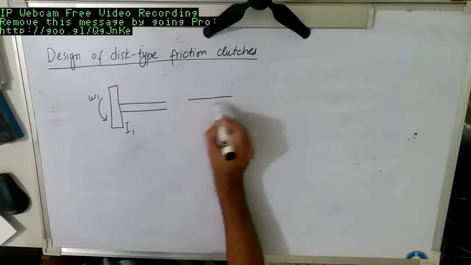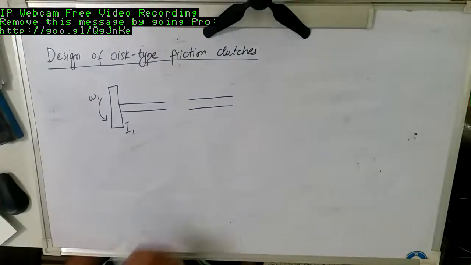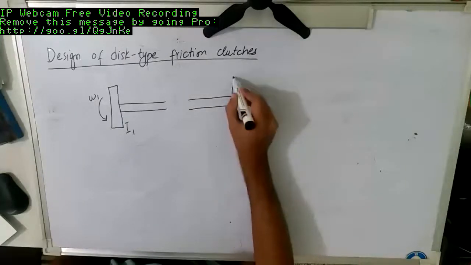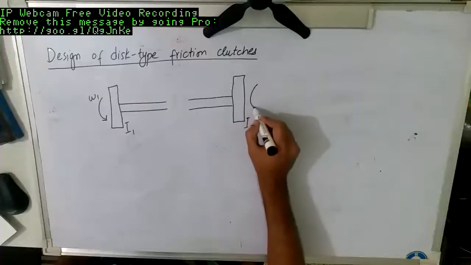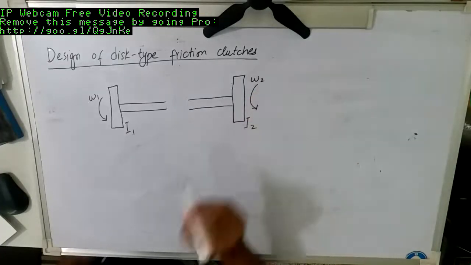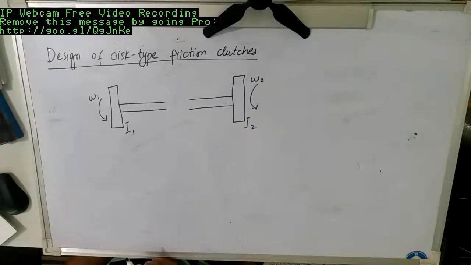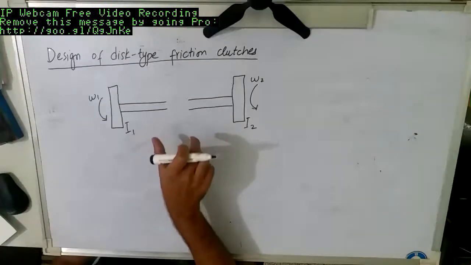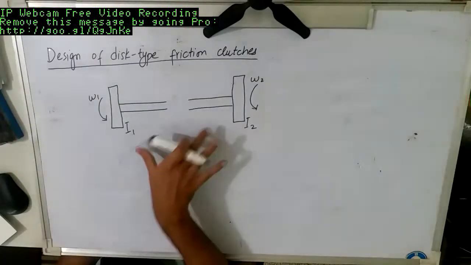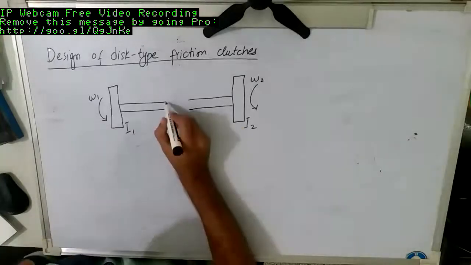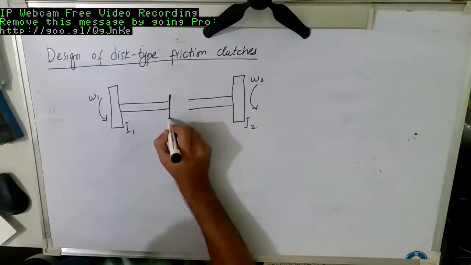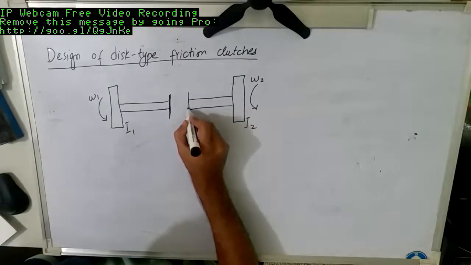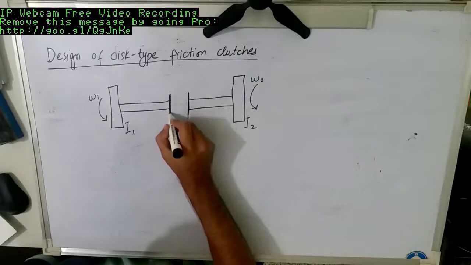Similarly, we have our second element or second part with an inertia of I2, and that is going to rotate in the same direction with an angular velocity of omega 2. In order to provide an interruptible connection between these two elements, we introduce the discs at the end of both of these shafts.